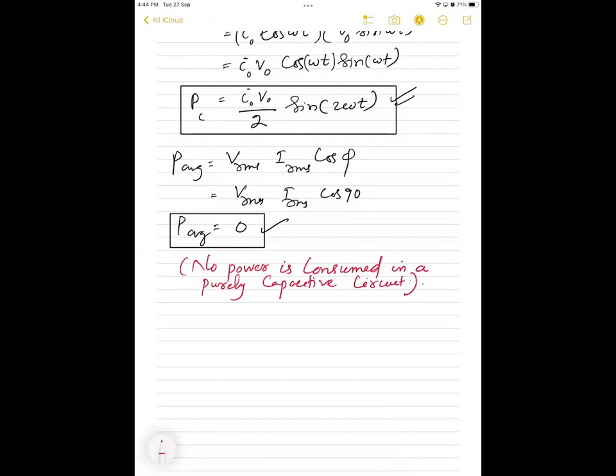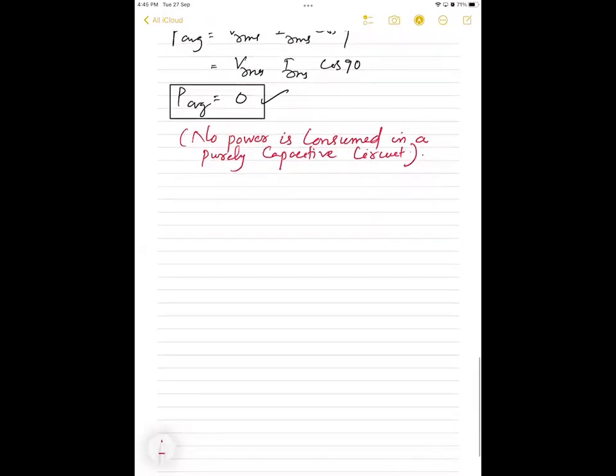Understood? Yes. Let's do a few easy examples now, right? ऐसा दिया हुआ है कि एक अल्टरनेटिंग वोल्टेज दिया हुआ है, E is equal to 200 root 2 sin 100 t, correct?